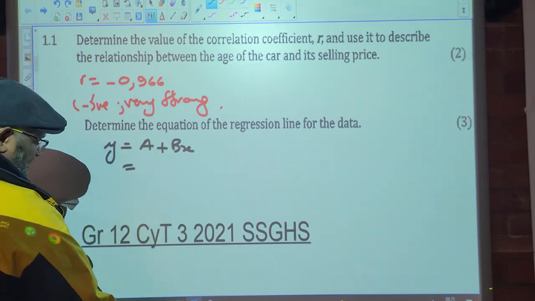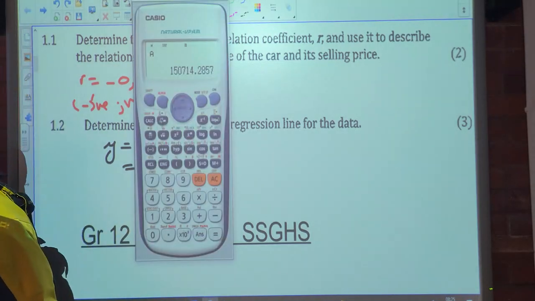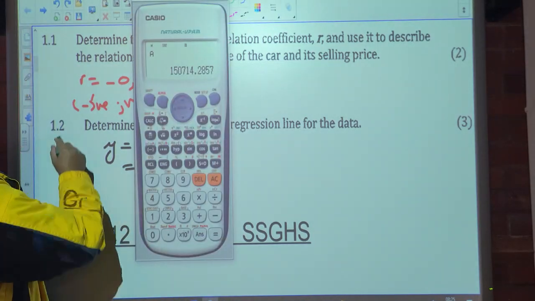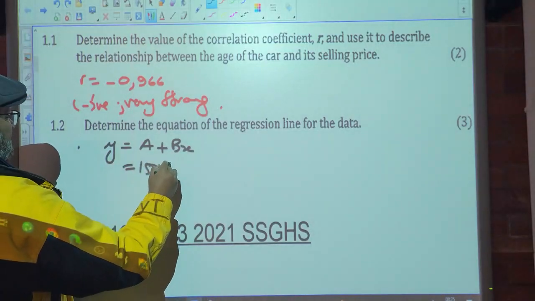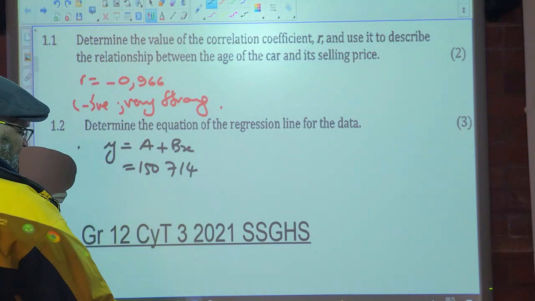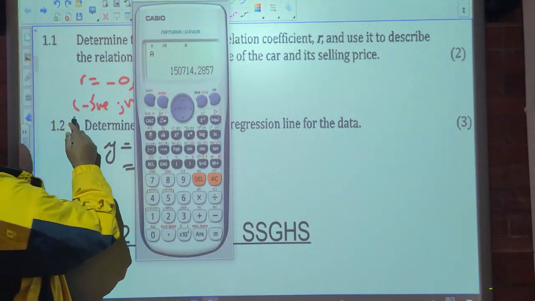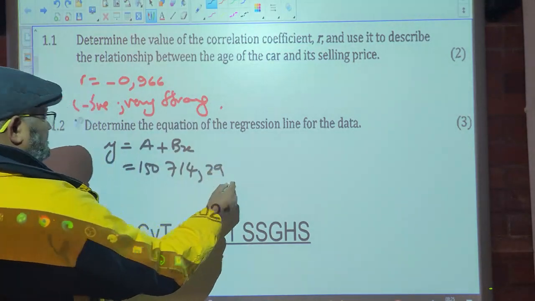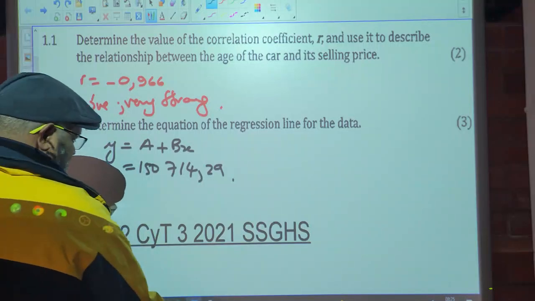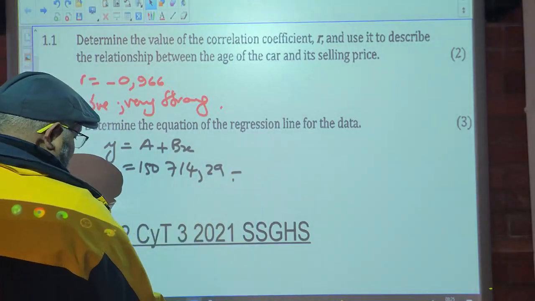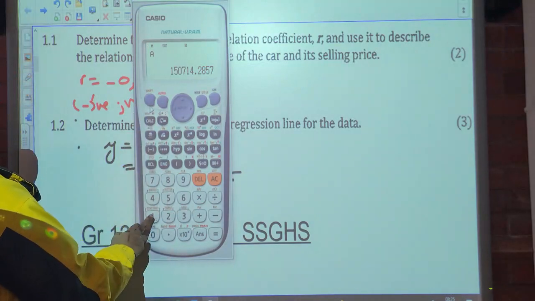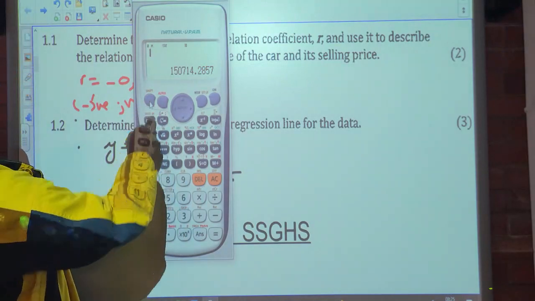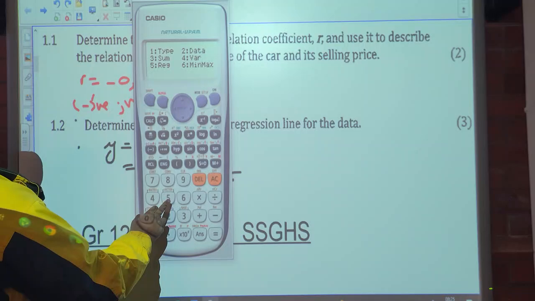So the A value was 150,714.29. Of course, it's going down, so it's going to be negative. We didn't know that, it also doesn't matter, so you would get it with a B value anyway.